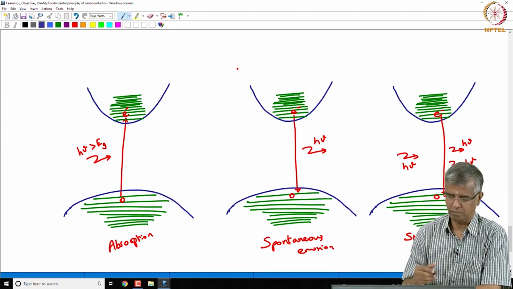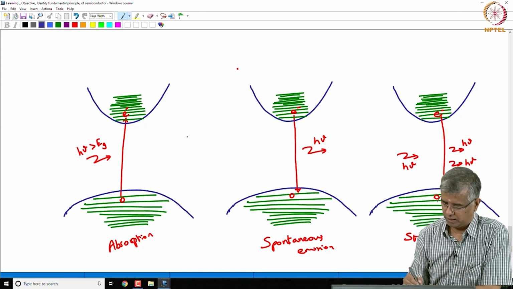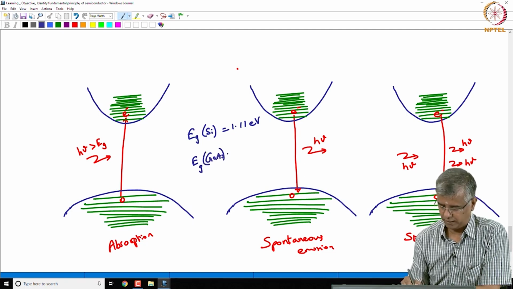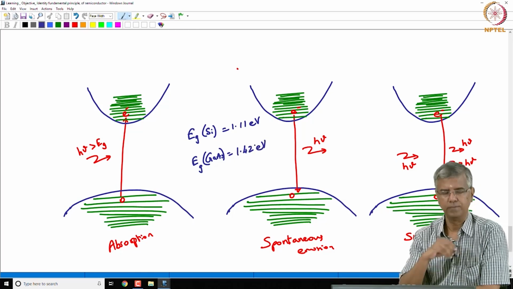For example, I did not mention this yesterday, when we talk about Eg, the band gap energy for silicon is about 1.11 eV, whereas Eg, the band gap energy for gallium arsenide, is about 1.42 eV, right.